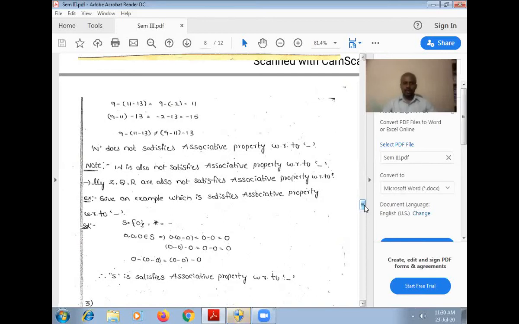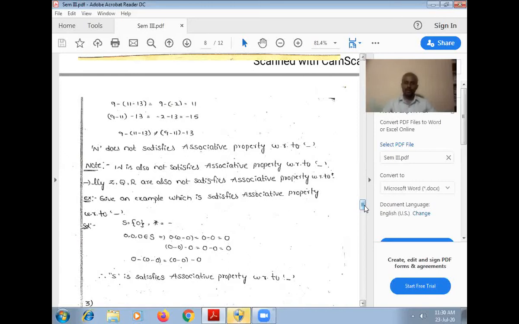Similarly, W also does not satisfy the associative property with respect to minus, because the above three values also belong to W. Similarly, Z, Q also do not satisfy it. These are all not satisfied because we get different values.